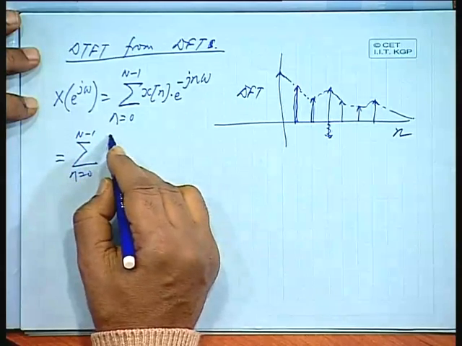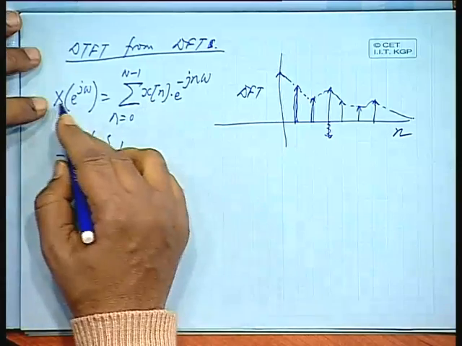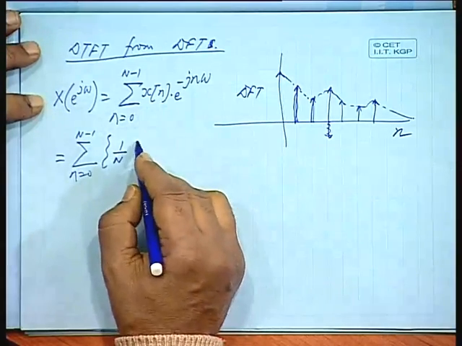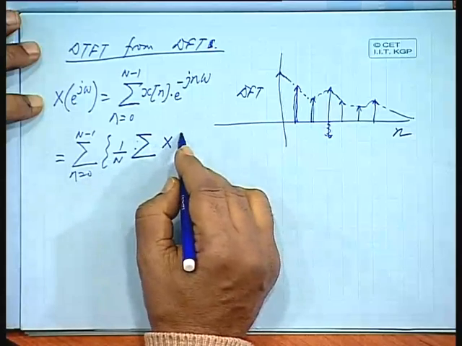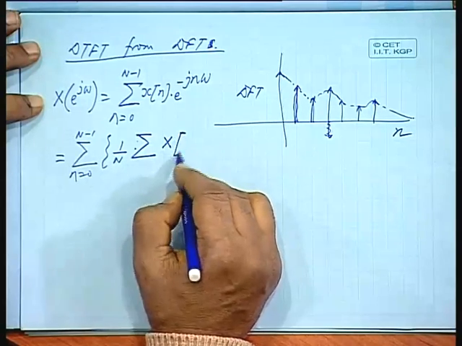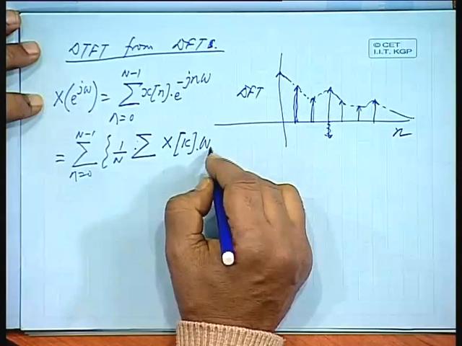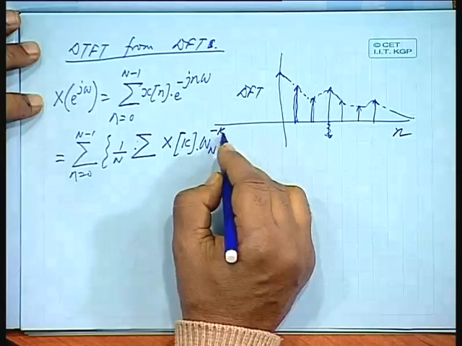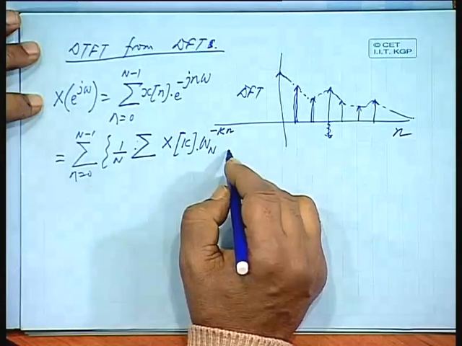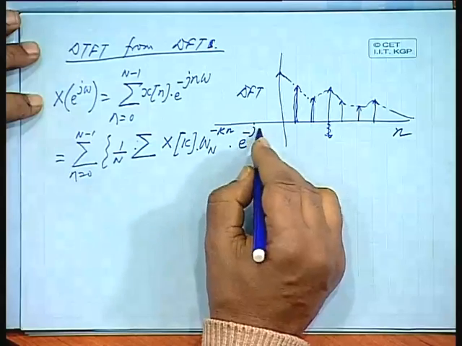We can write it in terms of the DFT: it will be X[k] W_N to the power minus kn, all right, then e to the power minus j n omega.